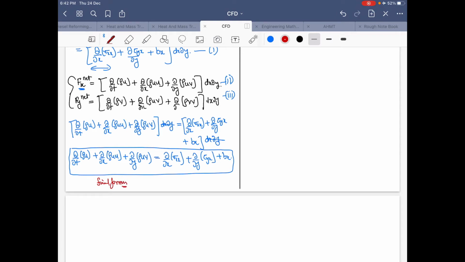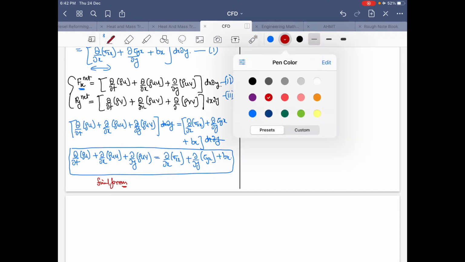So till now we have related our velocity components, that is the unsteady term with advective terms on the left hand side, and the forces that are acting on the control mass system on the right hand side.